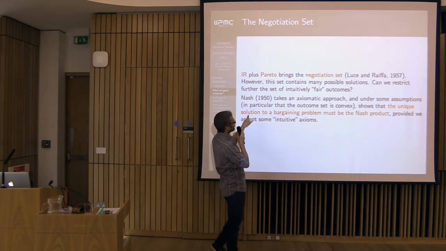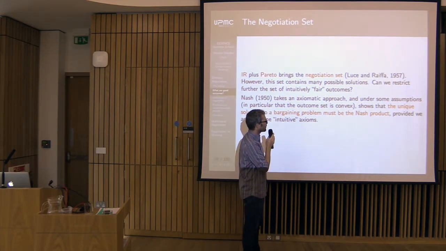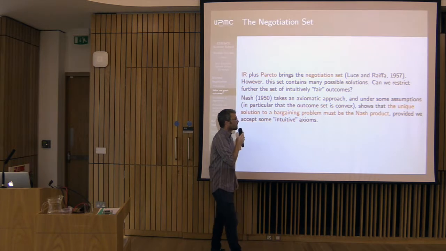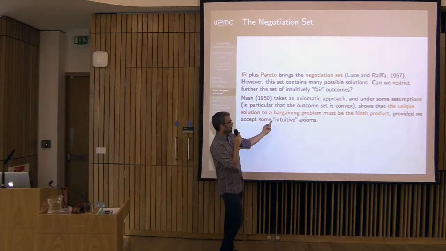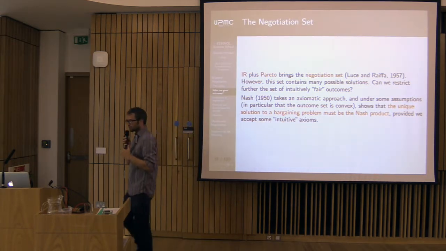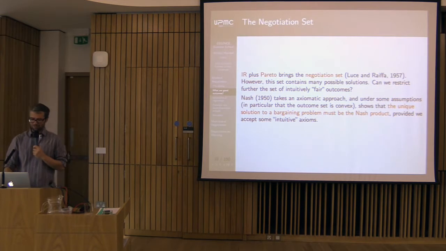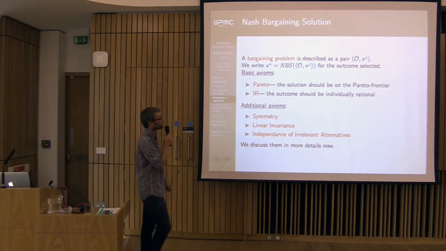Under some assumptions, and in particular the fact that the outcome set is convex, he showed that the unique solution to what he called a bargaining problem must be the Nash product, provided you accept some axioms. And the axioms are the following.